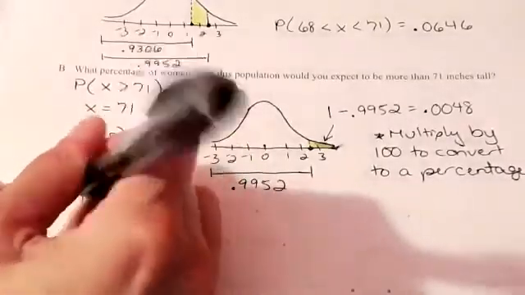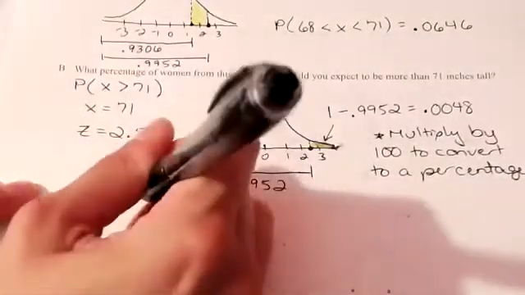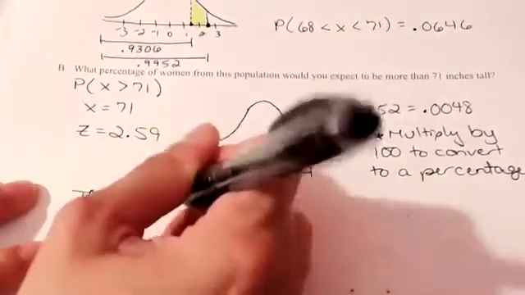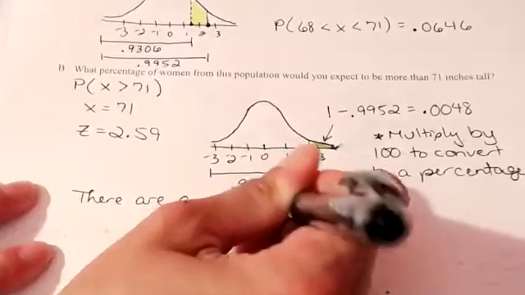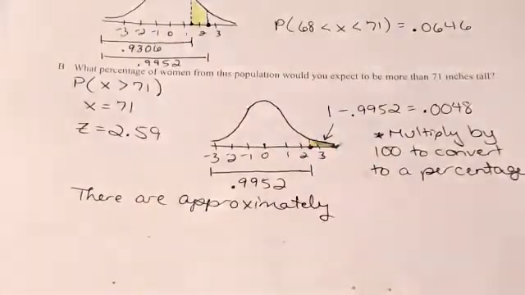So there are approximately, and what percentage are we looking at? 48. What's that? 48. Not quite 48%. It's actually smaller than that. 0.48%. Yeah, which is crazy, 0.48%.